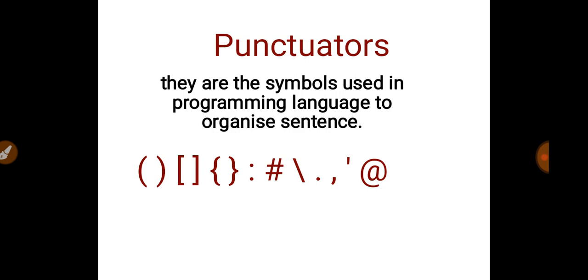These are the open parentheses, close parentheses, and the square brackets, curly brackets, colon, hash, slash, dot, comma, single quote, @ and many more punctuators are there. And actually these punctuators are also used to construct the structure of any instruction or any statement in the program.